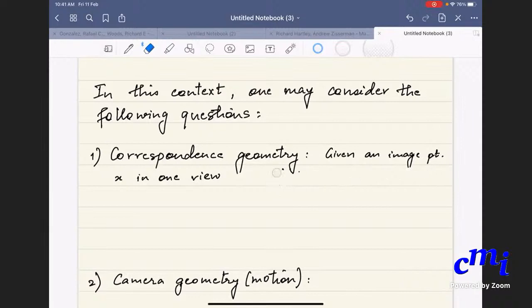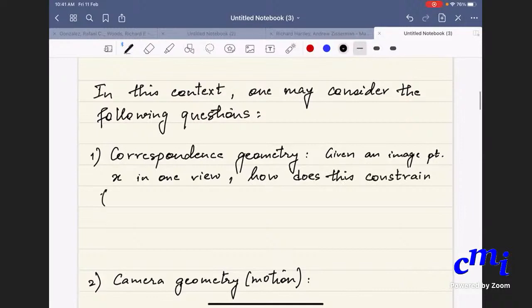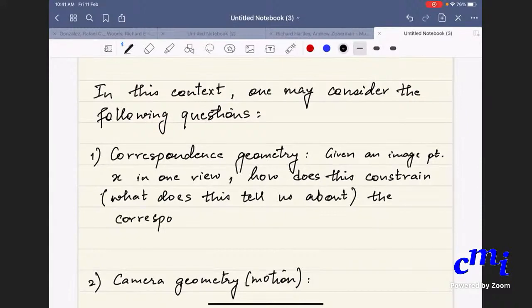Then what does this tell us about the image point x prime in the second view, which is not the first one? I don't think there should be any ambiguity here. Given an image point x in the first view, how does this constrain the corresponding point x prime in the second view?